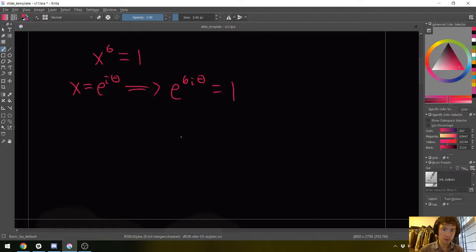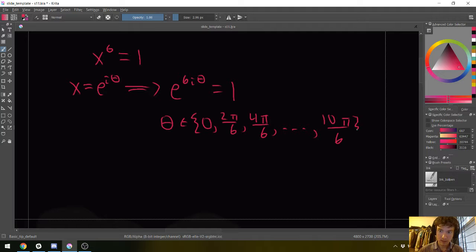We found 6 solutions, now solutions for theta instead of x. The 6 solutions for theta are 0, 2 pi over 6, 4 pi over 6, and I'll skip a few, up to 10 pi over 6.